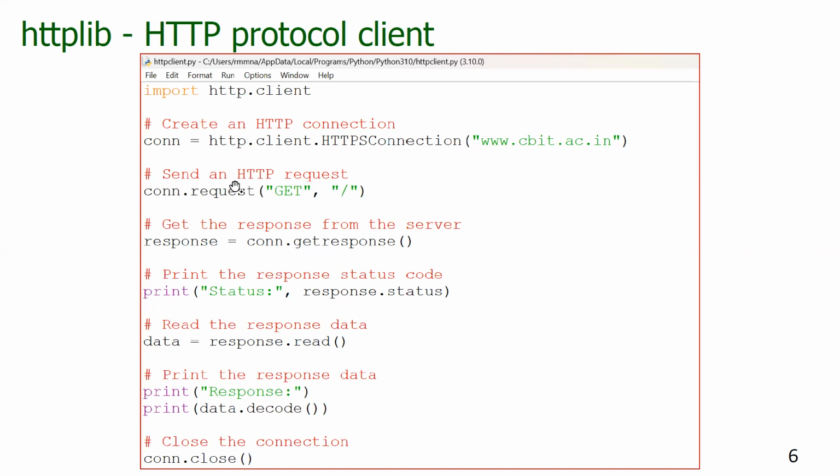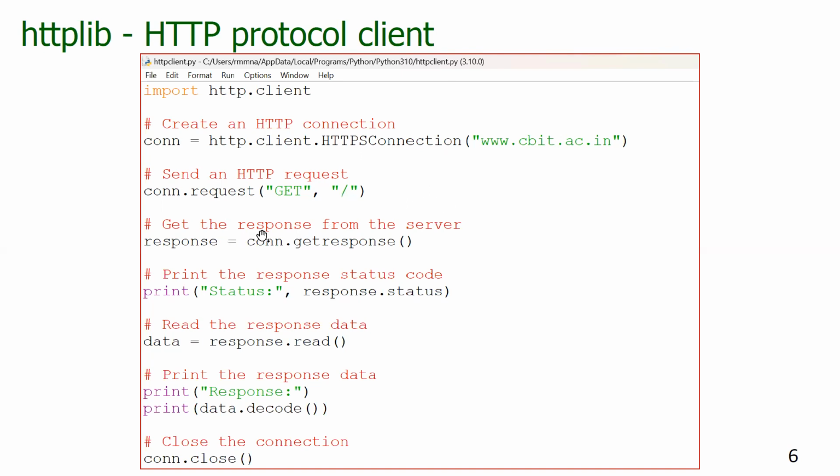Then you send an HTTP request using the request method with the conn object we used earlier: conn.request, with the GET method followed by the path. Here we have given the default path. Whatever you gave earlier in HTTPSConnection automatically comes here.